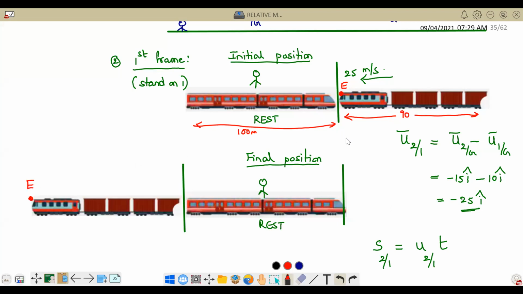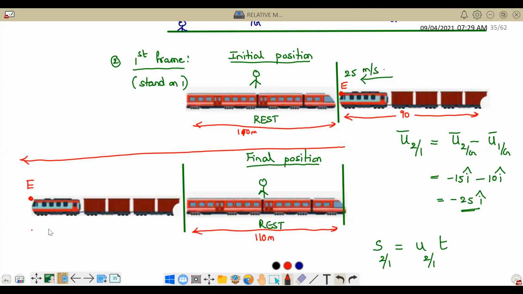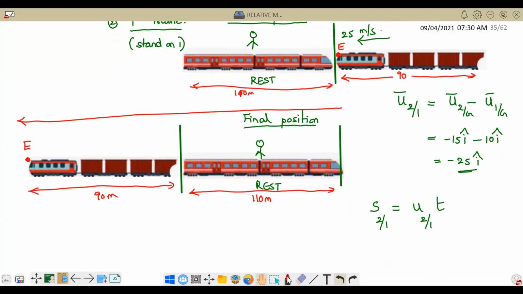So from here to here, how much has the engine displaced? 110 plus 90, how much? Tell me. 200.